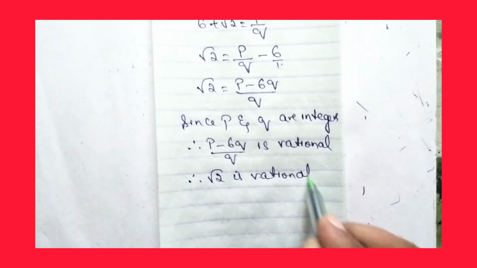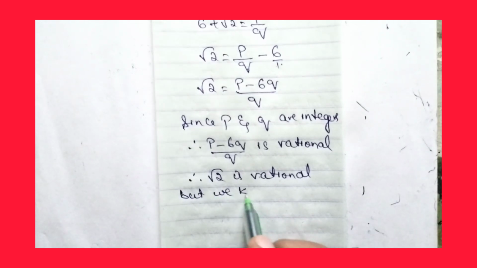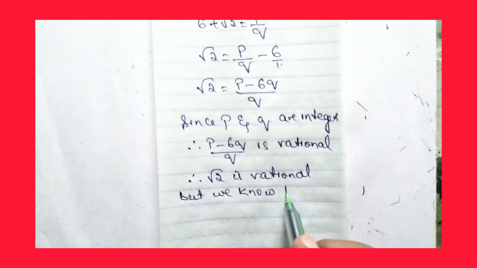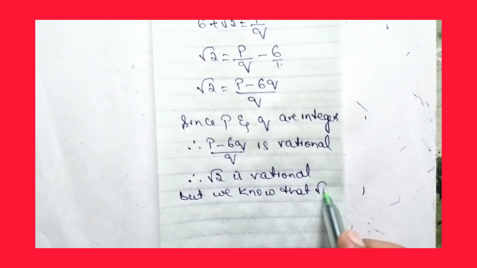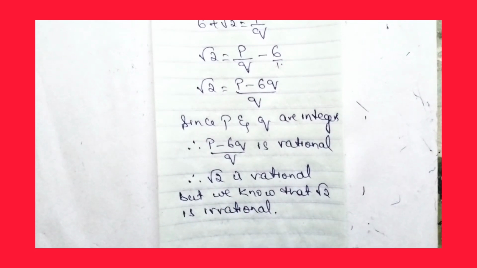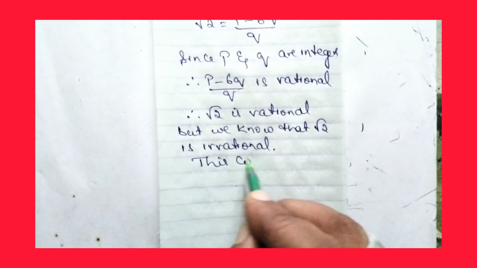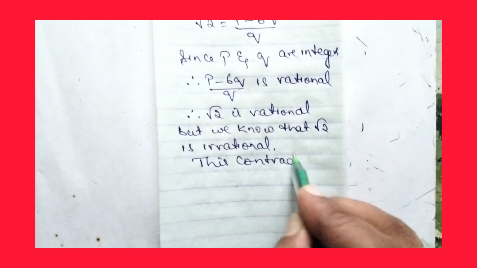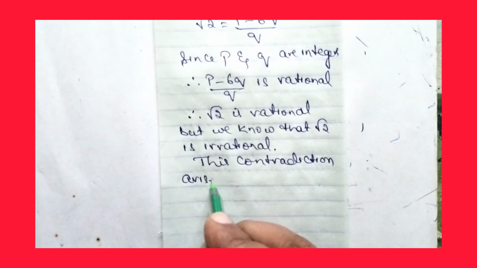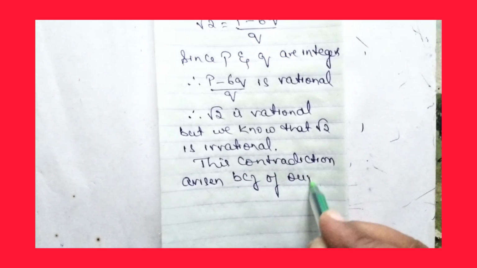But we know that root 2 is irrational. This contradiction arises because of our wrong assumption.